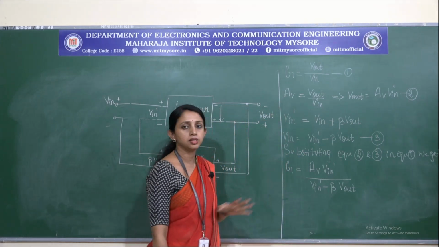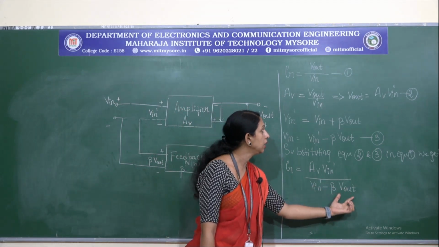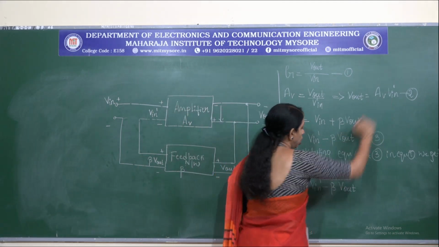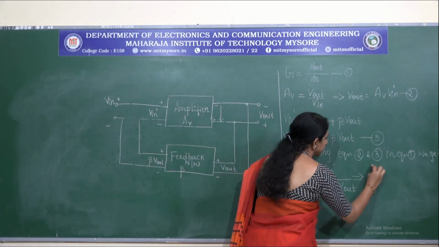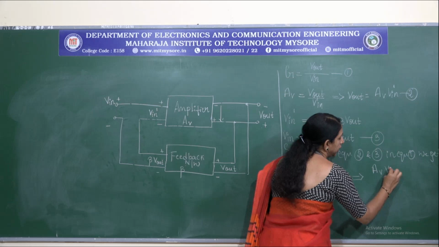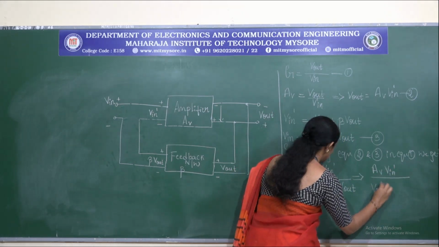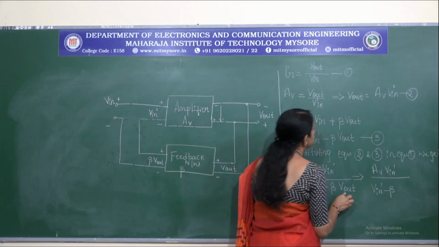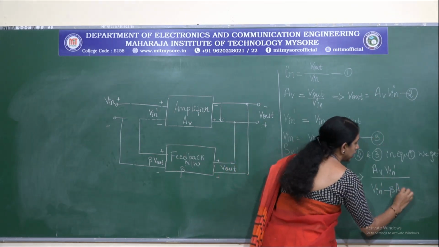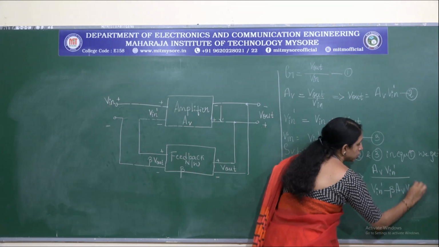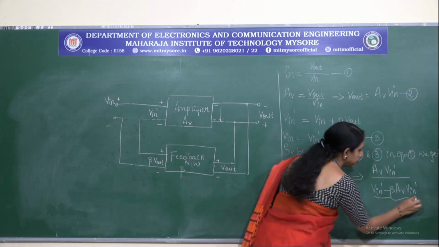You can also have a slight modification in this equation by substituting again V out as AV into V in dash. So substitute that, what happens to this? AV V in dash divided by V in dash minus beta into V out, which can be taken as V out is AV into V in dash. So you can observe the denominator term.